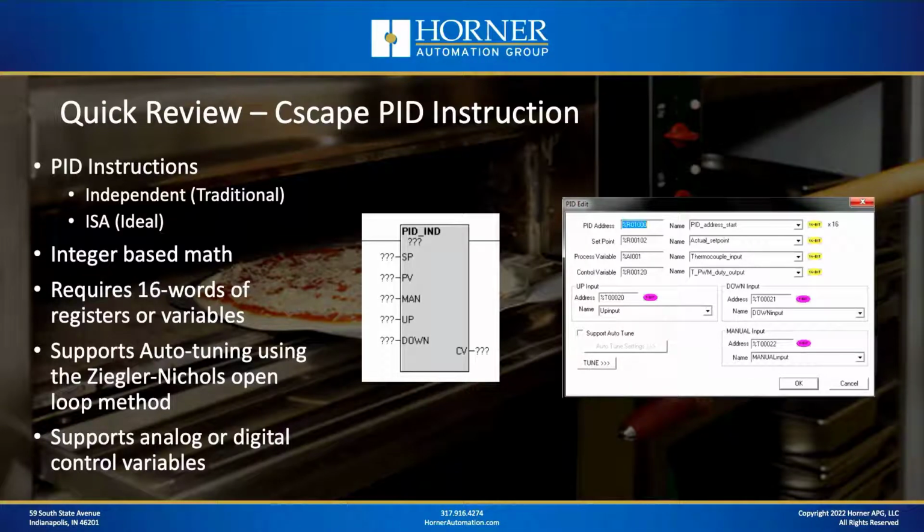Also, our PID instruction requires that you allocate 16 registers or an array of 16 variables to it as additional resources. And the algorithm does support auto-tuning using a modified version of the Ziegler-Nichols open loop method, and we'll talk about that in a little more detail as well. And on the output side, the PID instruction can be used to control either digital or analog values. Again, getting back to PJ's question for today.